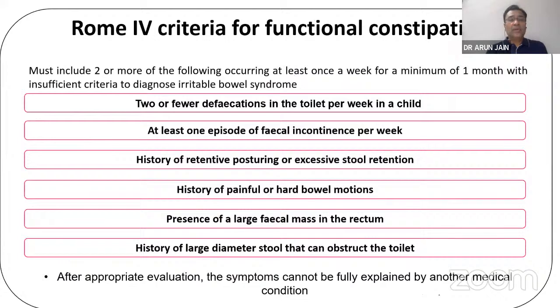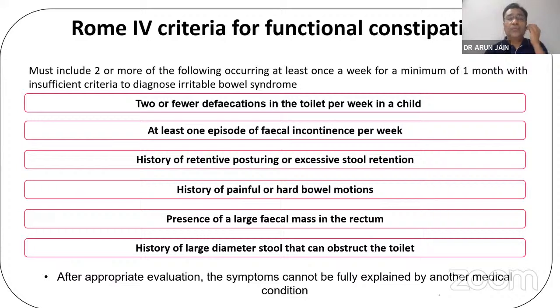Now, Rome has defined criteria, and the modified Rome IV criteria are there. This is a very important slide. It says it must include 2 or more of the following conditions occurring for at least 1 week for the minimum period mentioned here, with insufficient criteria to diagnose irritable bowel syndrome.